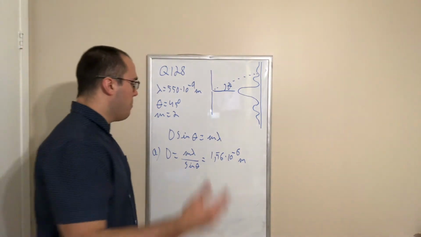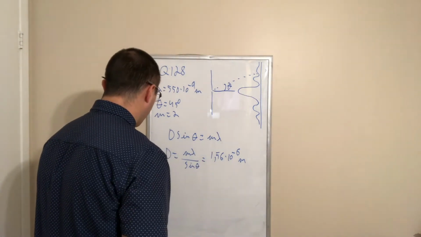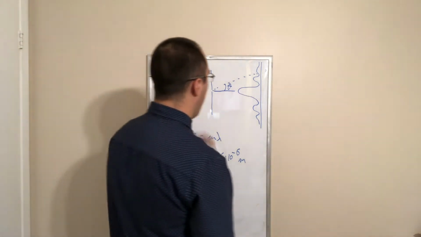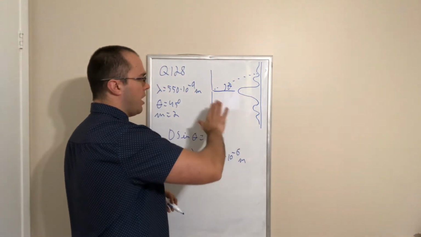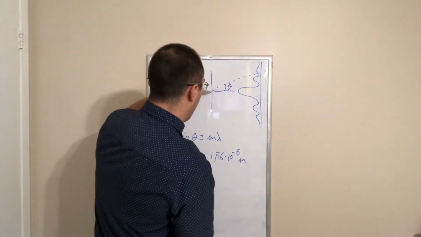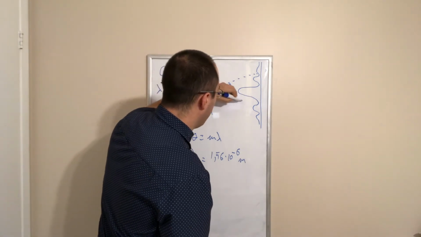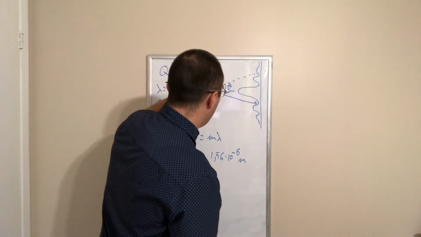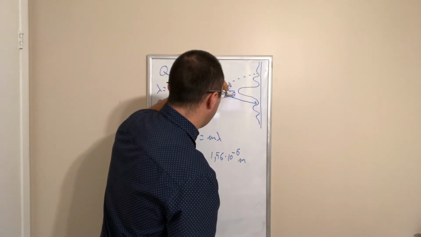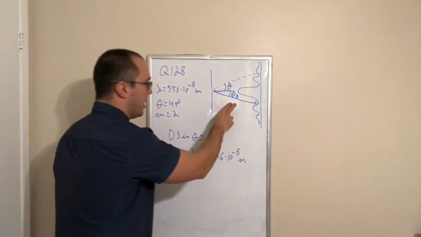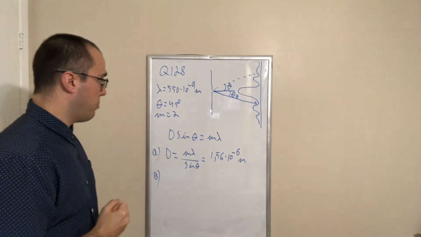All right, part B, we are now asked to find the angle for the first minimum. Just in order to not completely butcher my diagram, I'm going to use the bottom angle over here. So I'm going to call it theta B, the theta we're looking for in the second part of the problem.